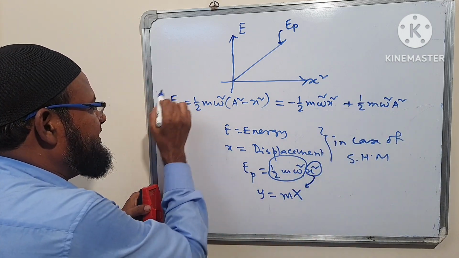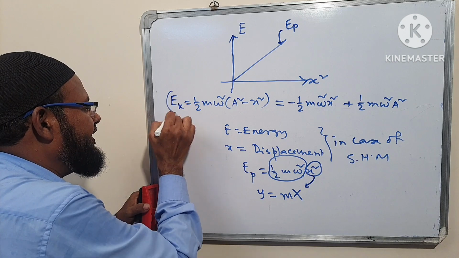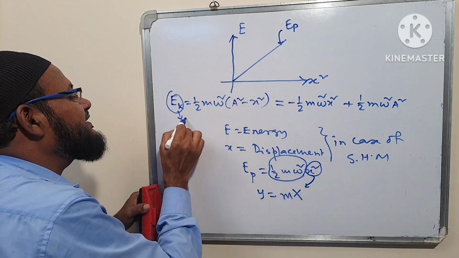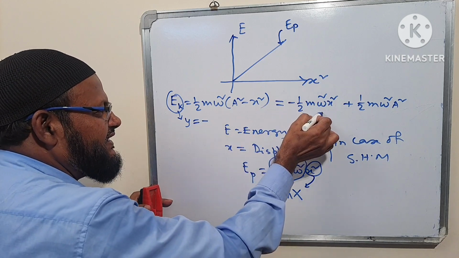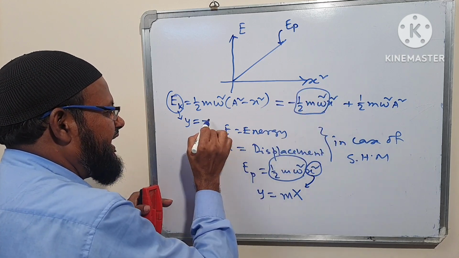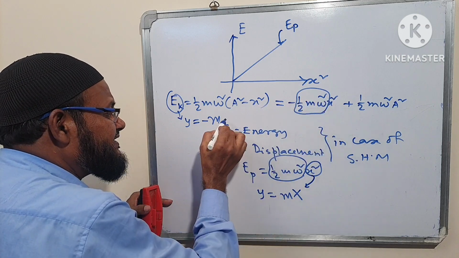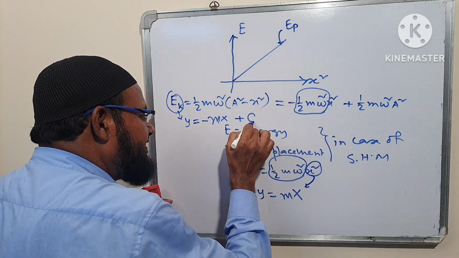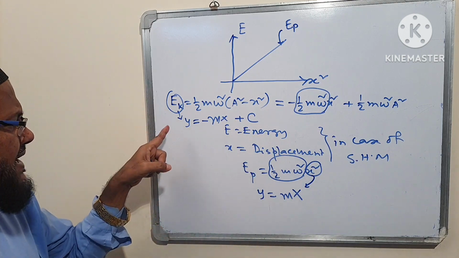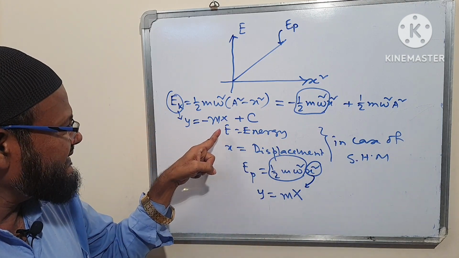Now this Ek acts as the y axis, therefore this is y. This part acts as the minus and this portion acts as the m, and x square acts as the x, plus c. Sir, this is c. So y equals minus mx plus c.